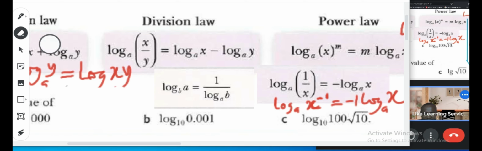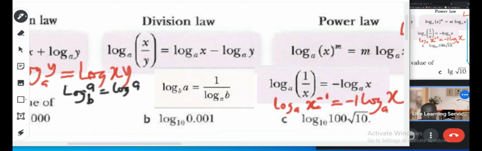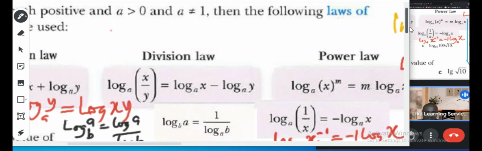I hope you're still here. Log of a in base b is the same thing as saying log of a over log of b, so that you can see why it gives that in any given base. Oh, I should have introduced one before this one. I can write it at the top.